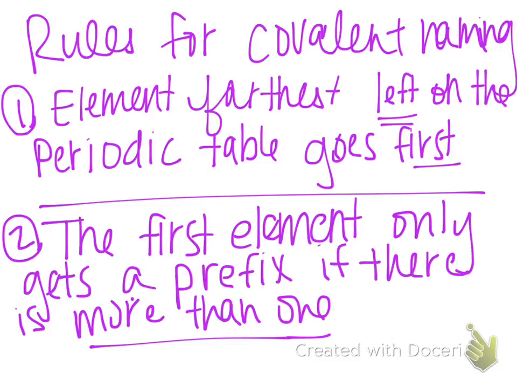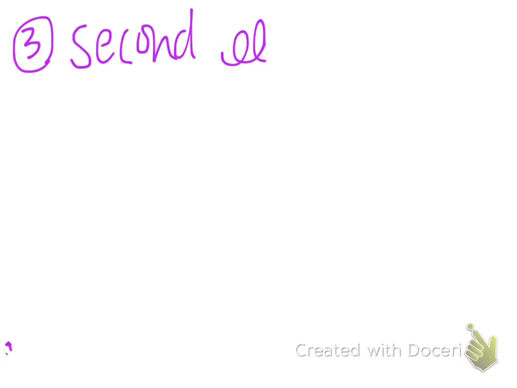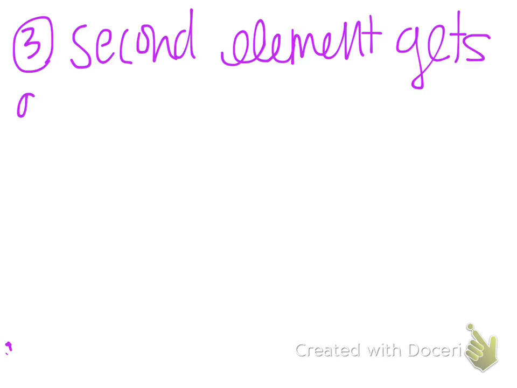Okay, I'm going to move on to our third rule here then. Do we have what we need from this slide? Okay. Our third rule: the second element gets a prefix no matter what.